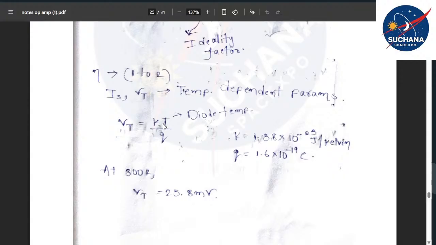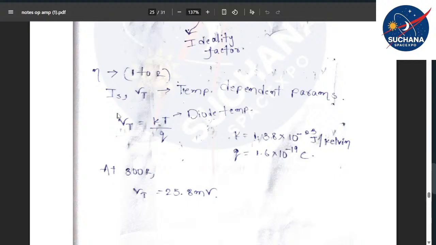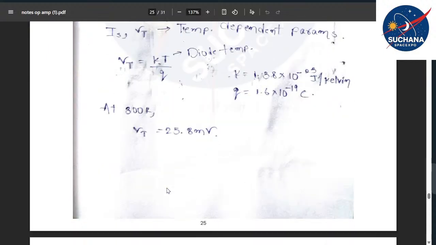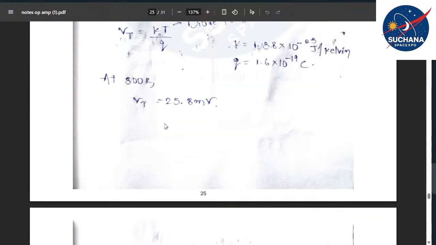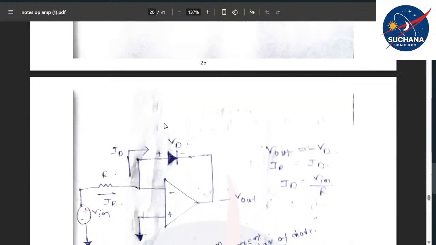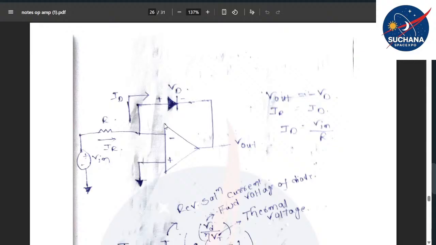If you substitute 300 Kelvin as the diode temperature, Vt becomes 25.8 millivolt. So even at room temperature, 25.8 millivolt is produced due to thermal excitation.